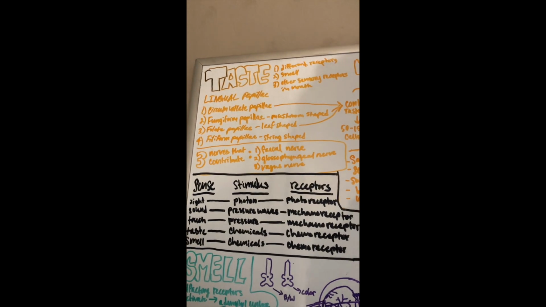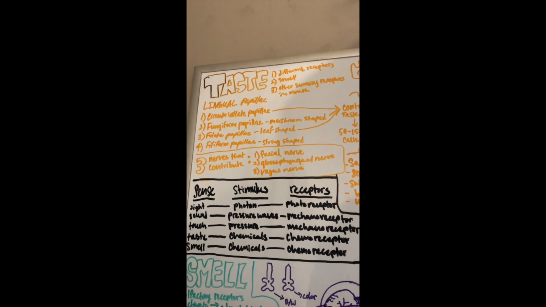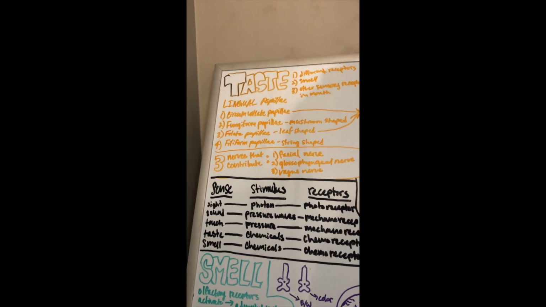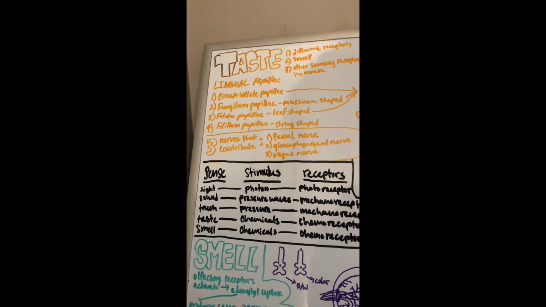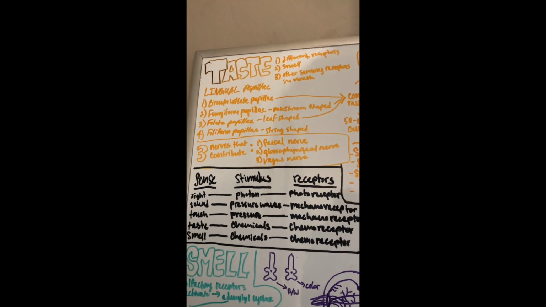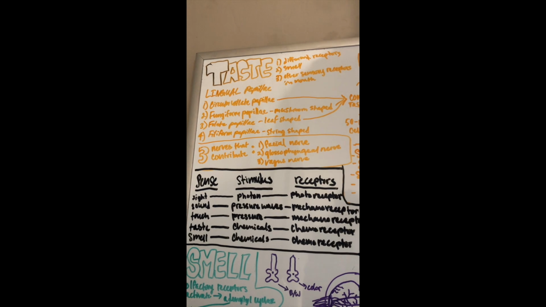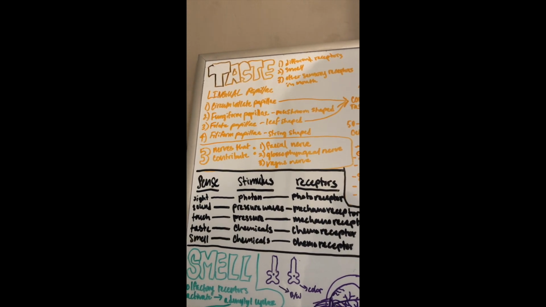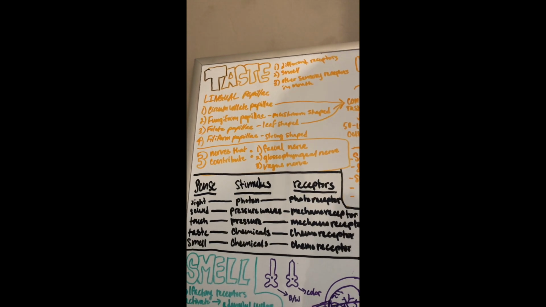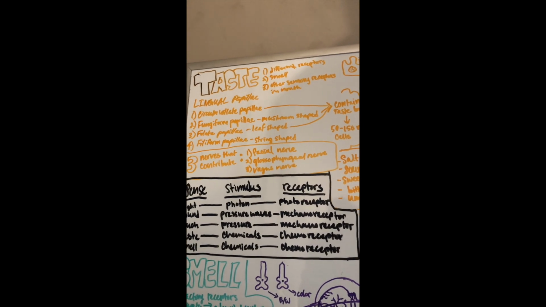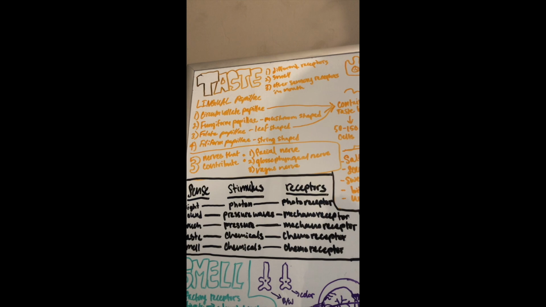So we've got lingual papillae, and this is where the taste buds are. There are 4 different types. You have circumvallate papillae. You have fungiform papillae, which are mushroom shaped. You have foliate papillae, which are leaf shaped, and filiform papillae, which are string shaped.